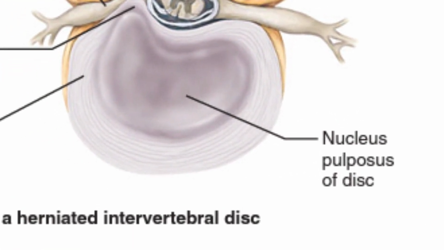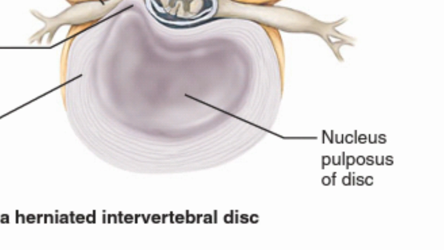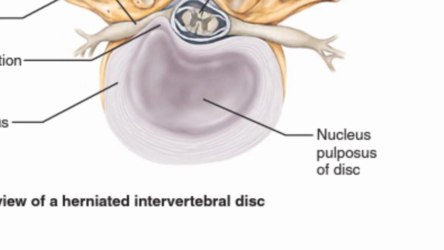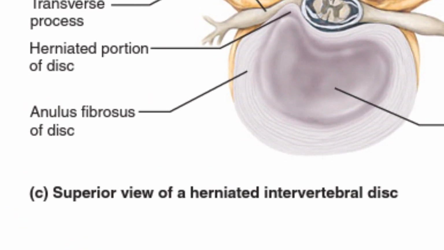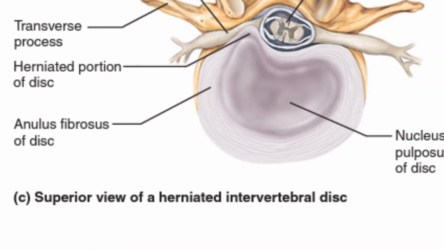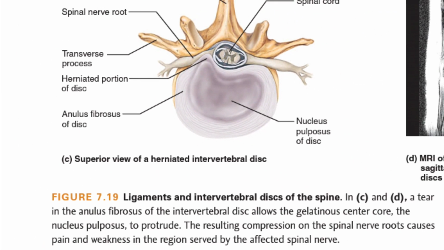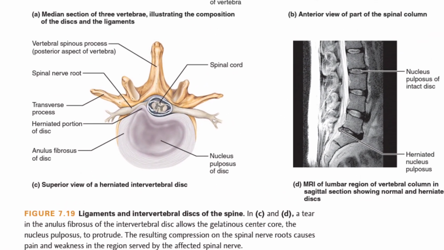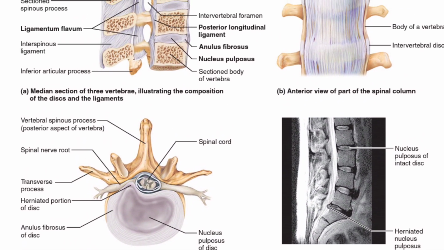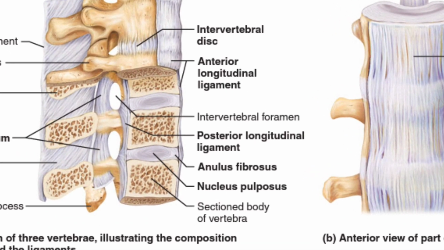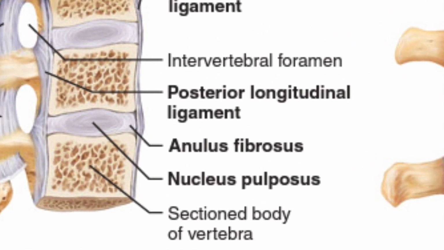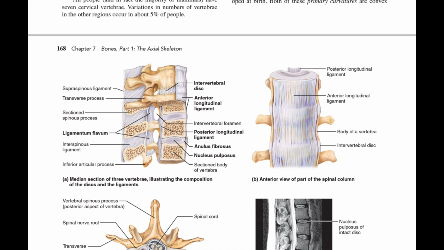And outside, I told you that approximately 12 fibrocartilage rings are present, and these rings are known as annulus fibrosus. So outside, annulus fibrosus is present, okay. Now here you can see annulus fibrosus and the nucleus pulposus.